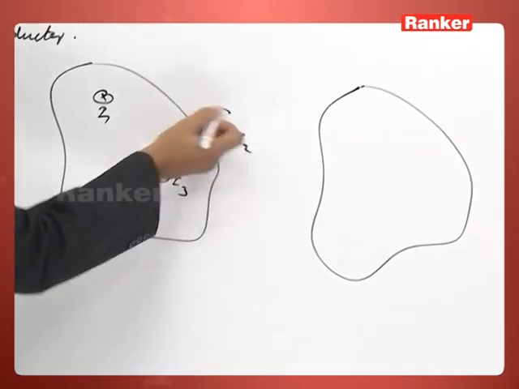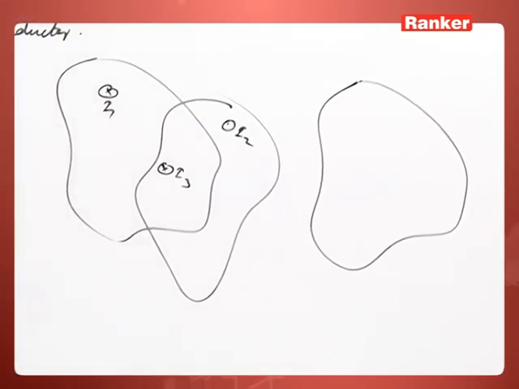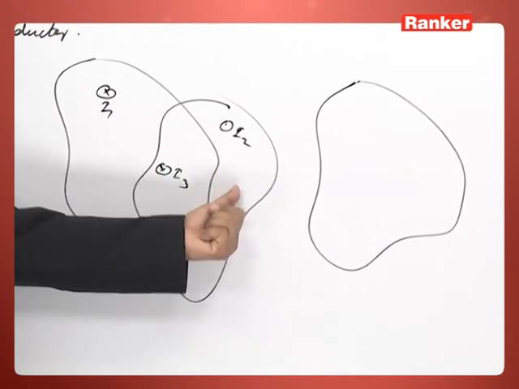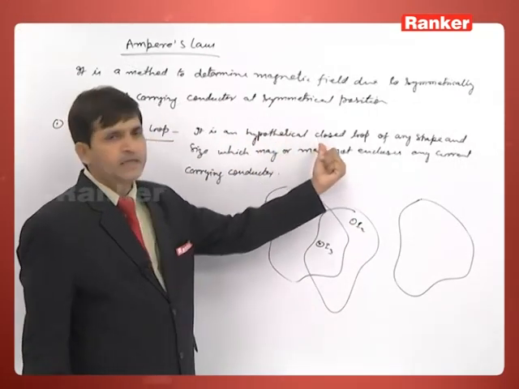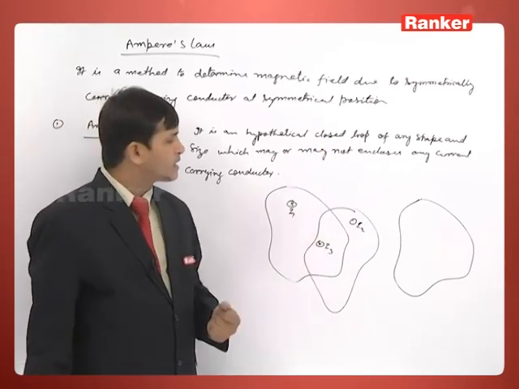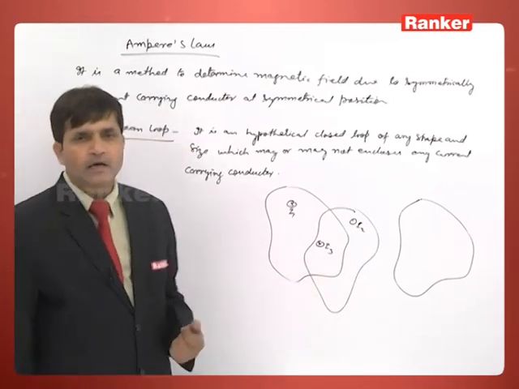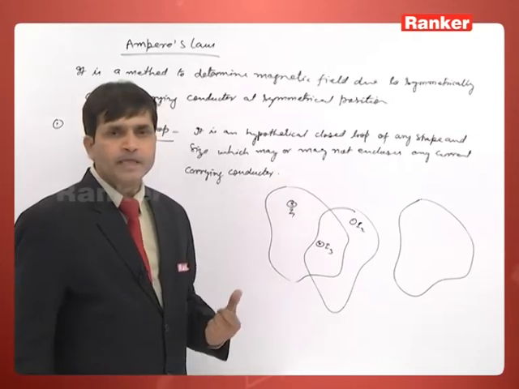Or if we want, this can also be an Amperian loop. Any type of such loops we can make, because these loops are hypothetical. They do not have any particular shape and size. So as per our requirement or need, we can make our Amperian loop.